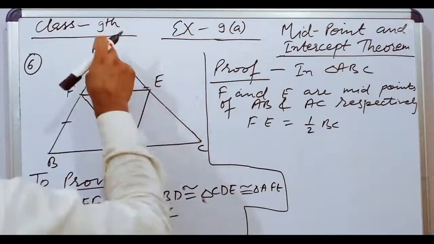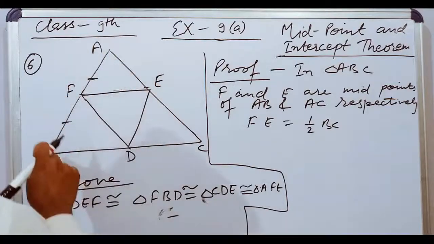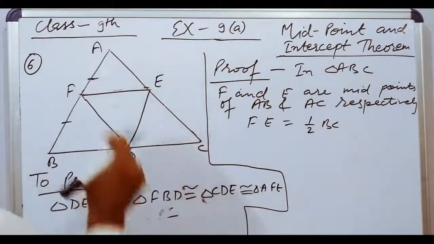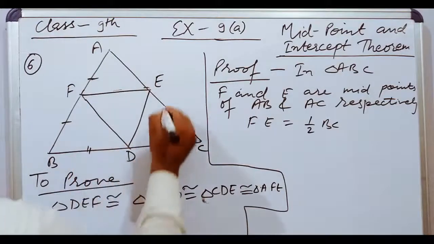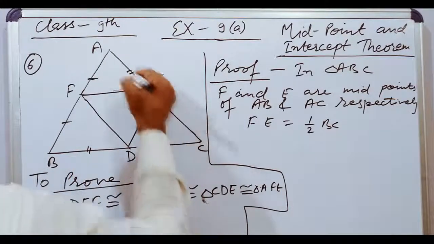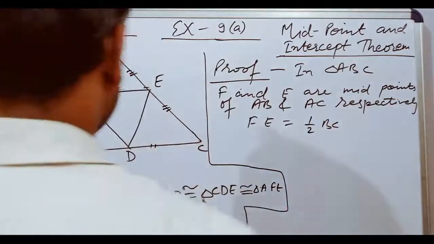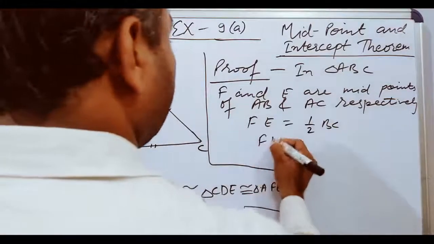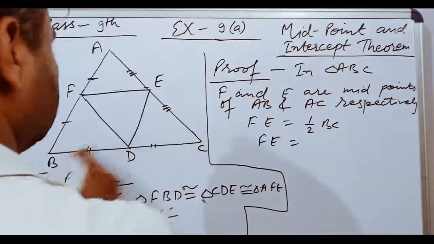D, E and F are the midpoints of AB, BC and CA respectively. Okay, so FE is half of BC, which means BD.